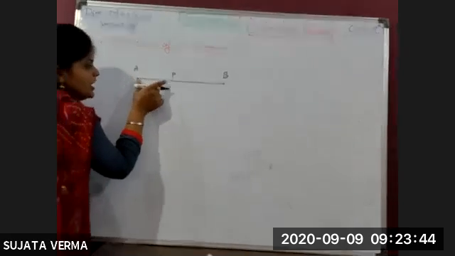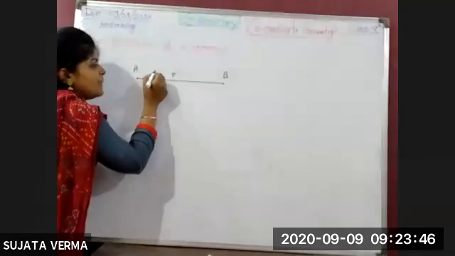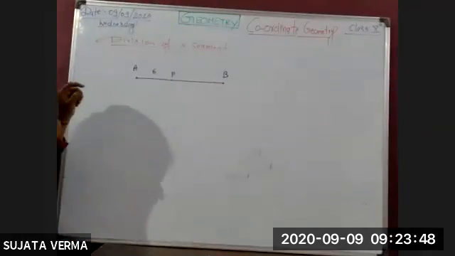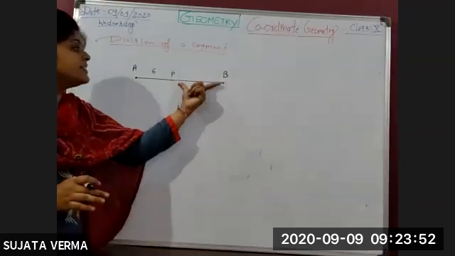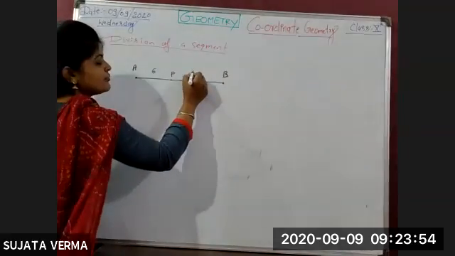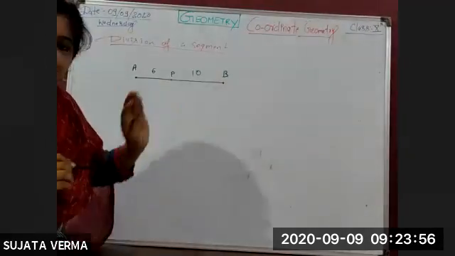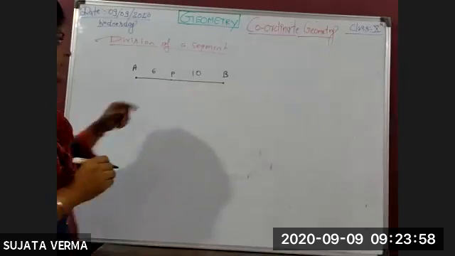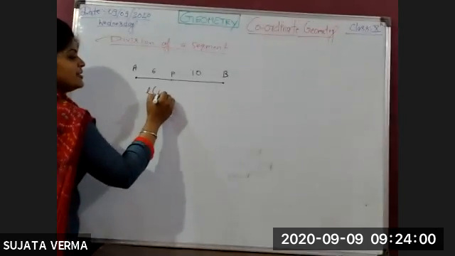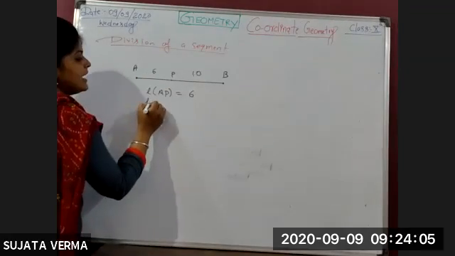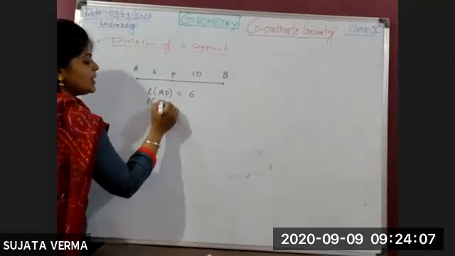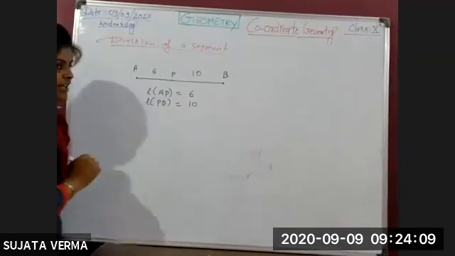Now, if the distance of AP is equal to 6 and the distance of BP is equal to 10, then what we write? Length of AP is equal to 6. And length of PB is equal to 10.